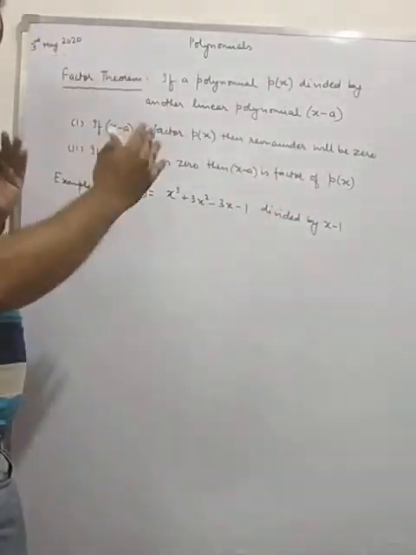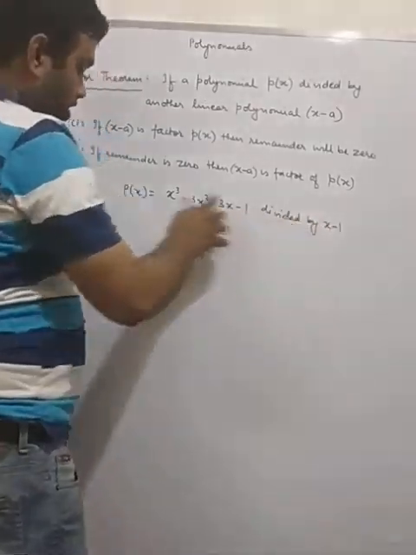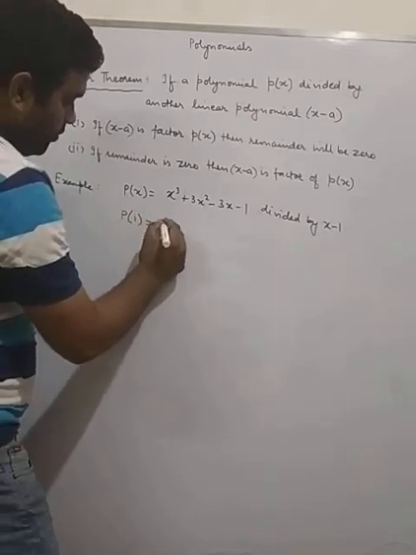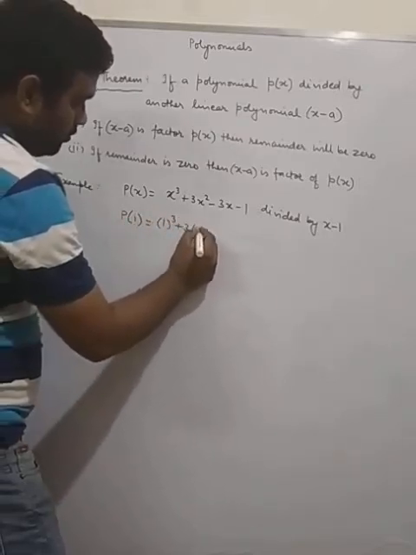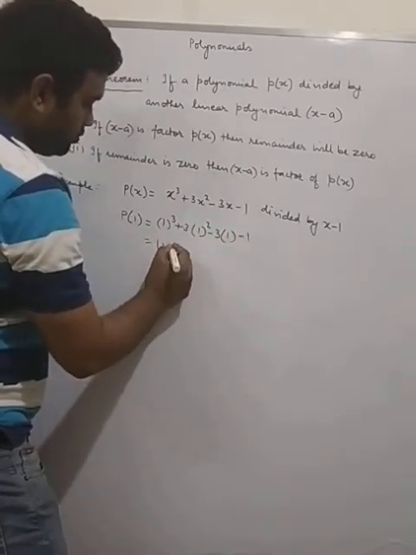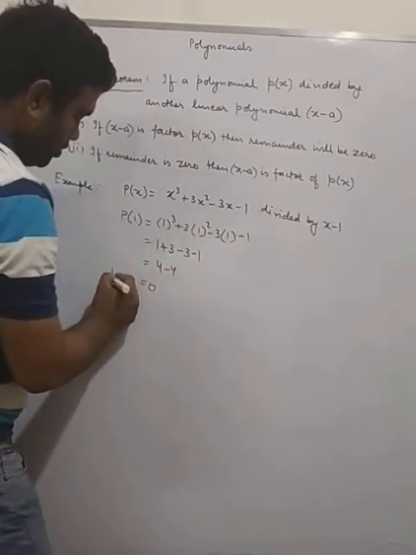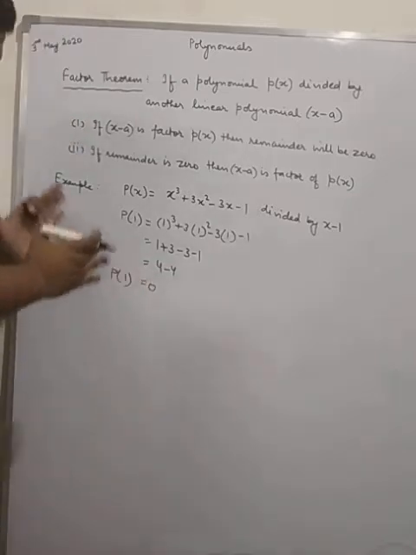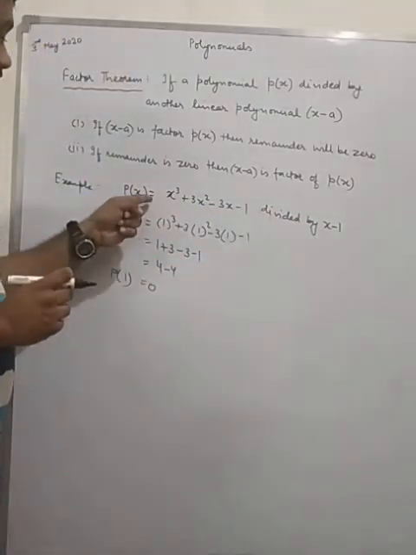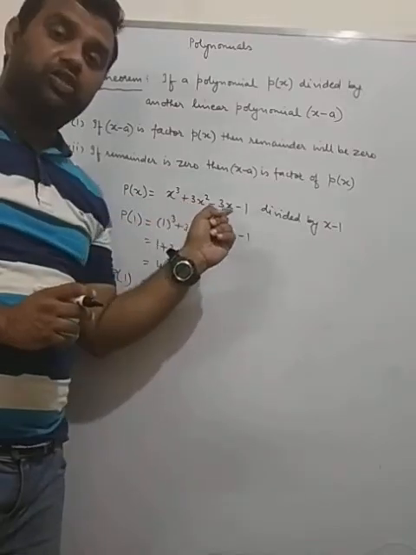So p(1) will be 1 cube plus 3 into 1 square minus 3 into 1 minus 1, so 1 plus 3 minus 3 minus 1, which is 4 minus 4, that is 0. Since the remainder is coming 0, we can say that x minus 1 is a factor of the polynomial p(x) equal to x cube plus 3x square minus 3x minus 1.